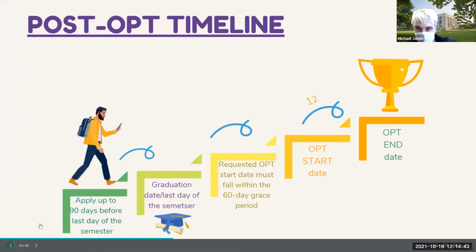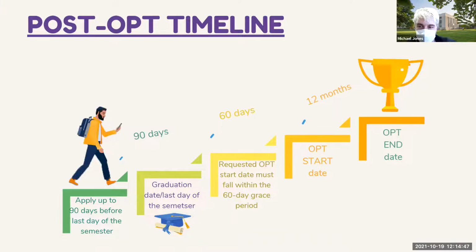Okay, so the post-OPT timeline. You don't have to, but you can apply up to 90 days before the last day of the semester. And the reason we recommend you apply early is because it can take 2 to 3 months to be approved.